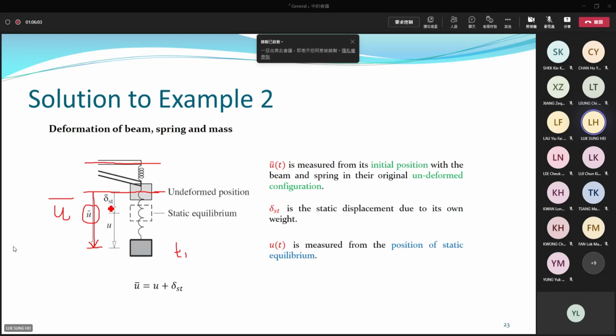Then what about the other two parameters, delta and u? Well, I would like to introduce another reference level called static. If you ignore dynamic force, if you ignore dynamics, then you can find out the static positions of this self weight and of this mass under their self weight. How to understand this statement, static displacement due to own self weight? Normally, I'll use one example.